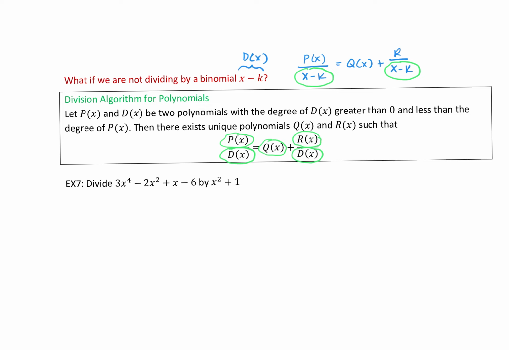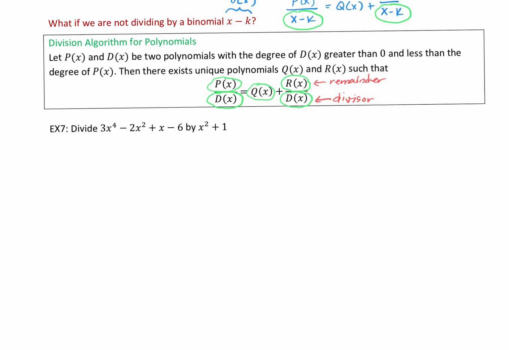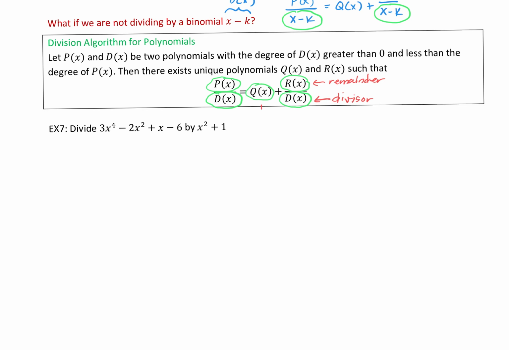So again, r of x is our remainder, d of x is our divisor, and it's a remainder polynomial, a divisor polynomial. Q of x is a quotient polynomial. P of x is our dividend, the dividend polynomial.